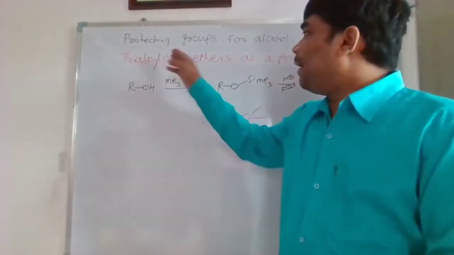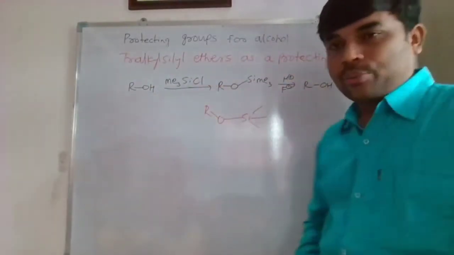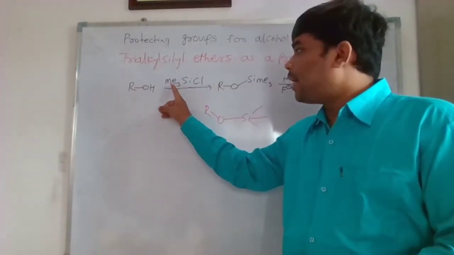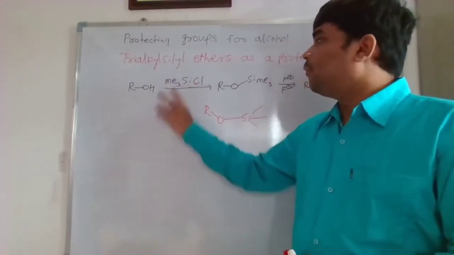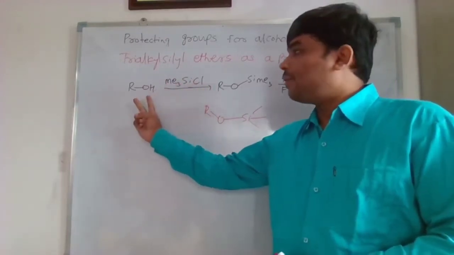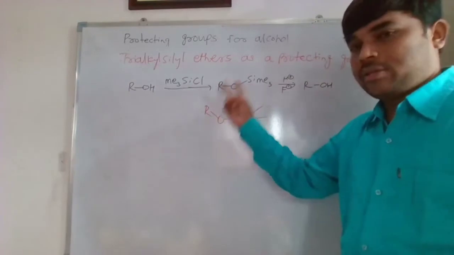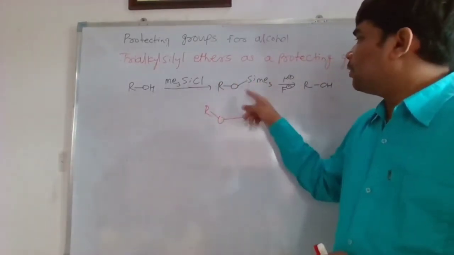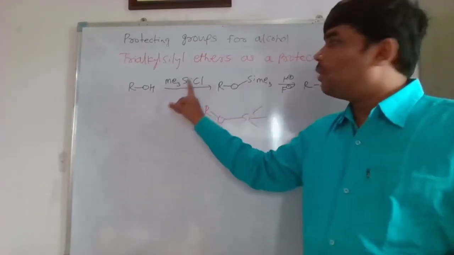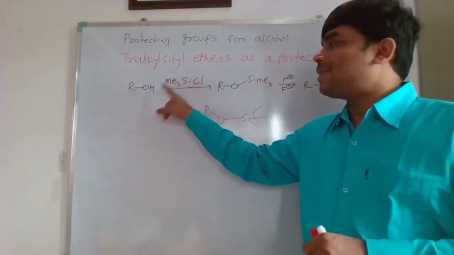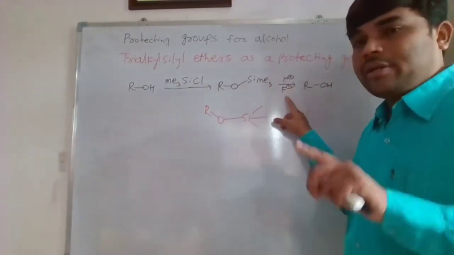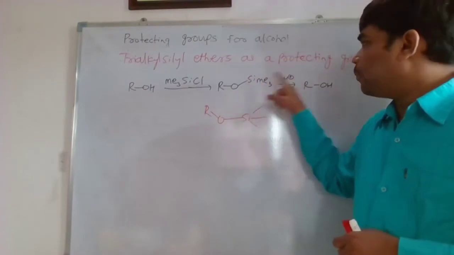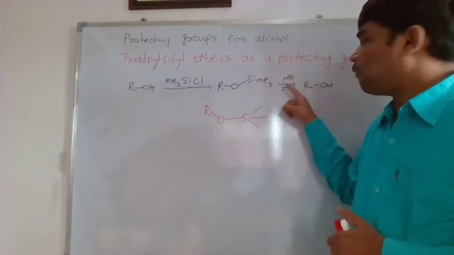Now, trialkylsilyl ether as a protecting group. Take the example of trimethylsilyl chloride. When trimethylsilyl chloride reacts with alcohol, it forms this derivative, ROSiMe3. Always remember, whenever we use a silicon group as a protecting group, it is deprotected by fluoride ion. It can also be deprotected by H+ aqueous acid.